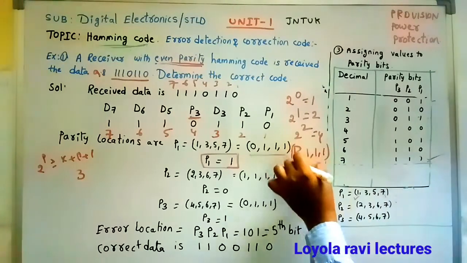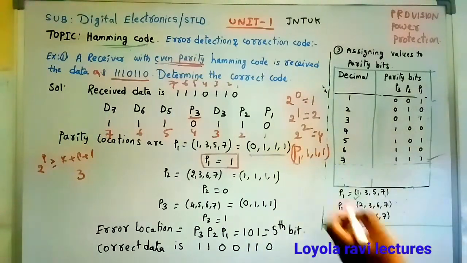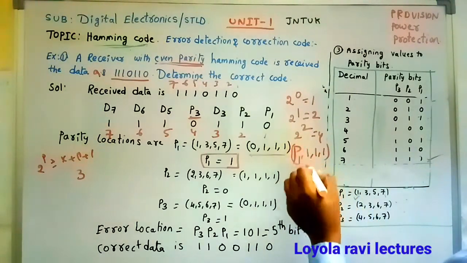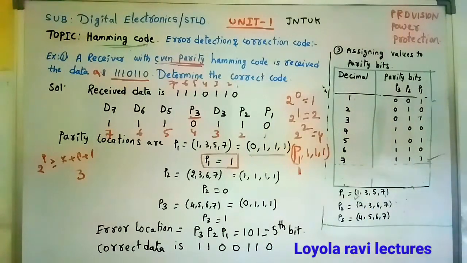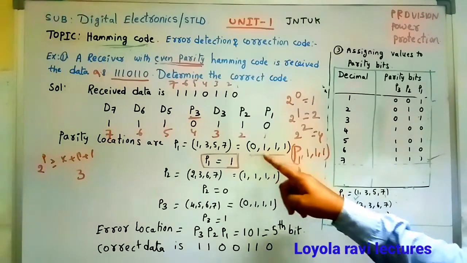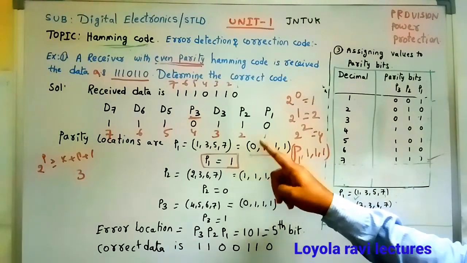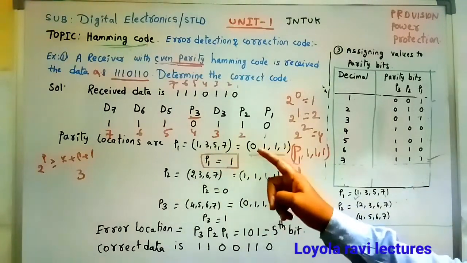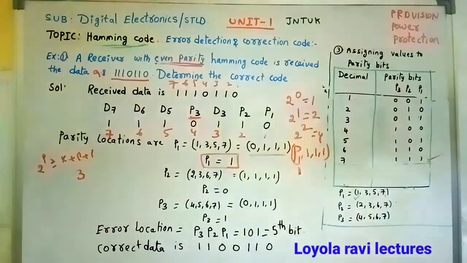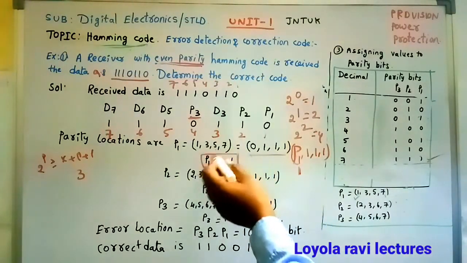So this P1 should be 1 only, but here we have 0. Why? Because he is using the even parity method, so in P1's place this should be 1. That's why I am taking P1 as 1. If it is odd parity, P1 should be 0 only. So here P1 should be 1.